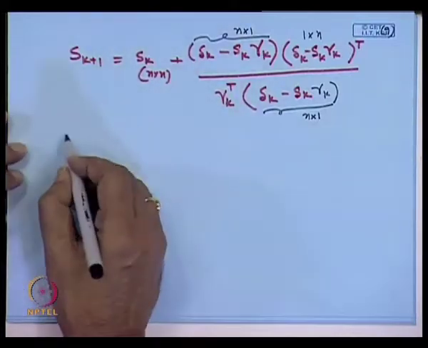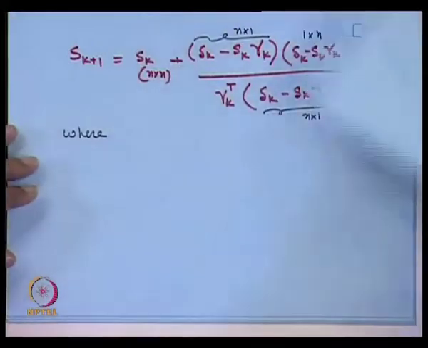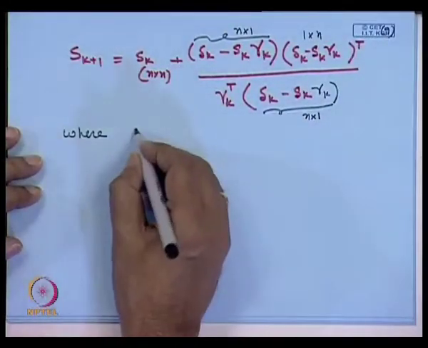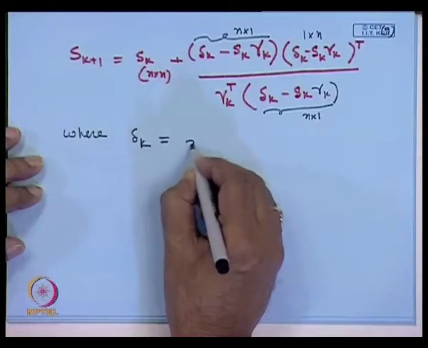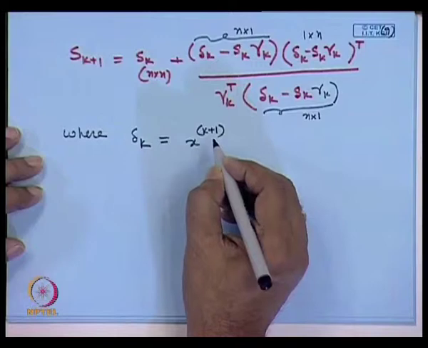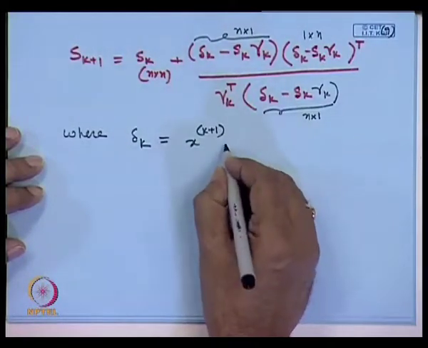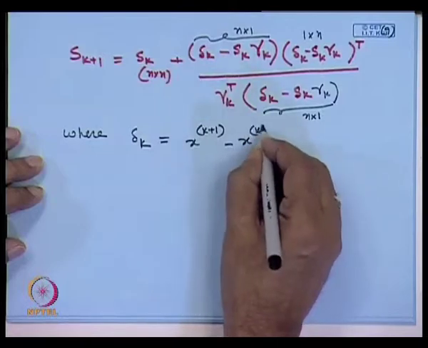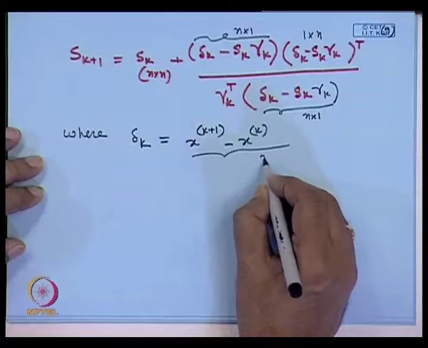Let us see what is what. Delta k is the difference in decision variable at 2 successive iterations, and its dimension is n row, 1 column.